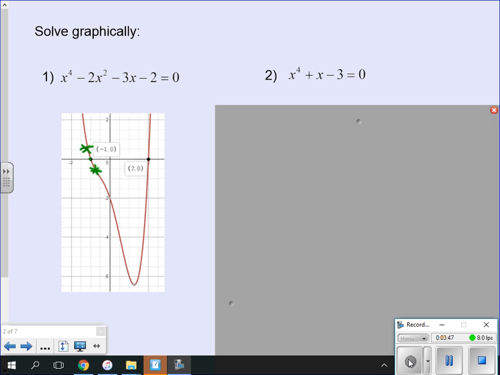What you're doing is you're guessing one side of the 0, you're guessing the other side of the 0, and the calculator plugs in x coordinates till it zooms in and gets 0 for y. That's what it's doing, and then it tells you where that x coordinate is. Put the cursor here, hit enter, and then the cursor will pop up, move it here, hit enter again, and it will tell you where the 0 is.